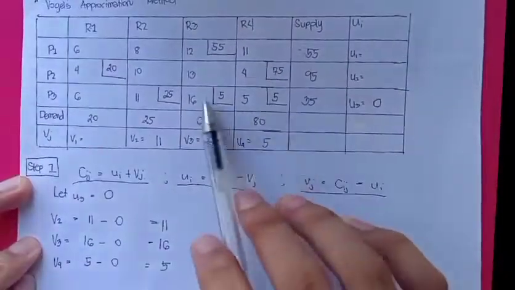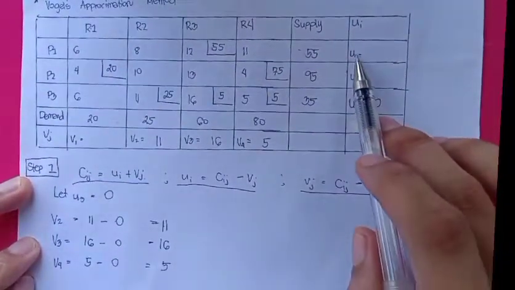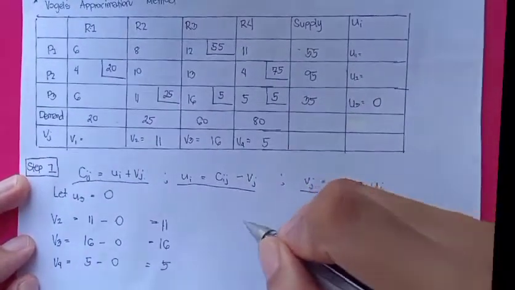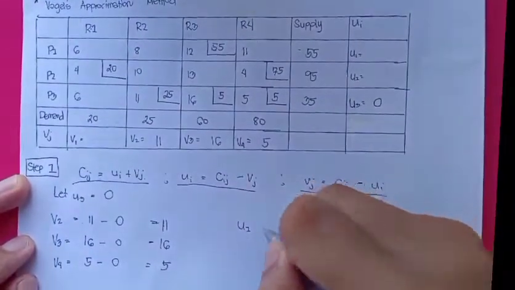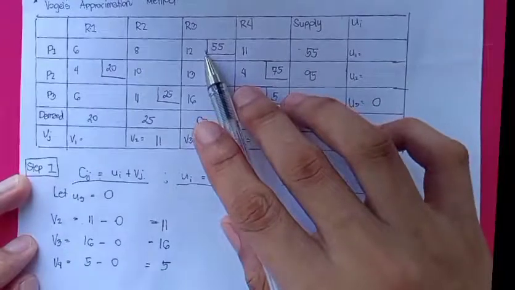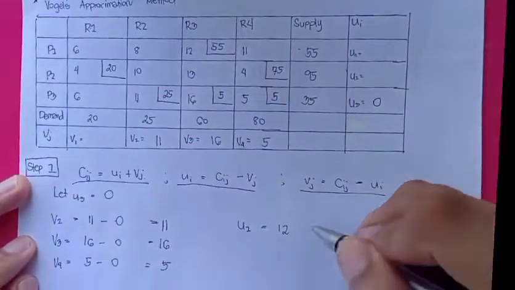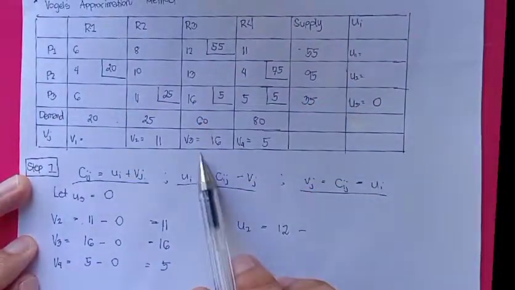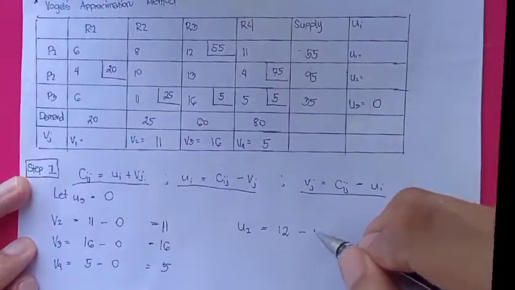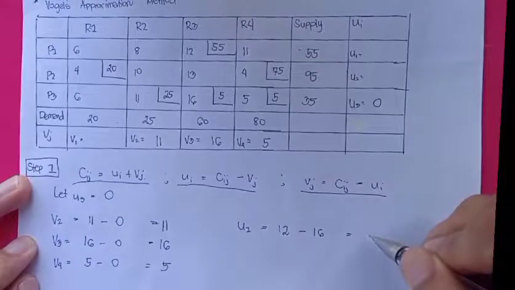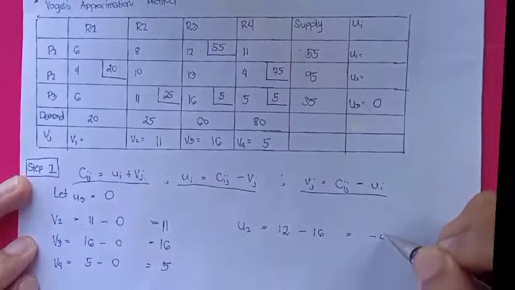So looking at the allocated cells, we can also find our U1. Our U1 is equal to Cij minus Vj. Our Cij is 12 minus our Vj is 16. So our U1 is negative 4.